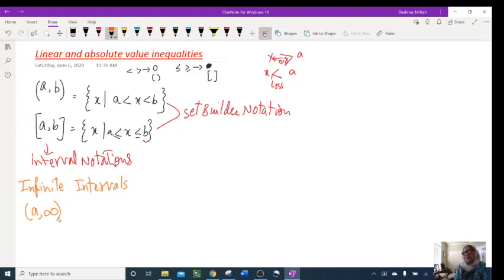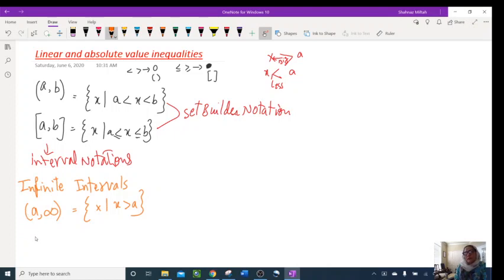Do not put the closed bracket for infinity, because infinity is not a defined point, it's not a real number. And a is not included. For the set builder notation, you get the set of all x such that x is greater than a. Everything is supposed to be greater than a, because a is not included.